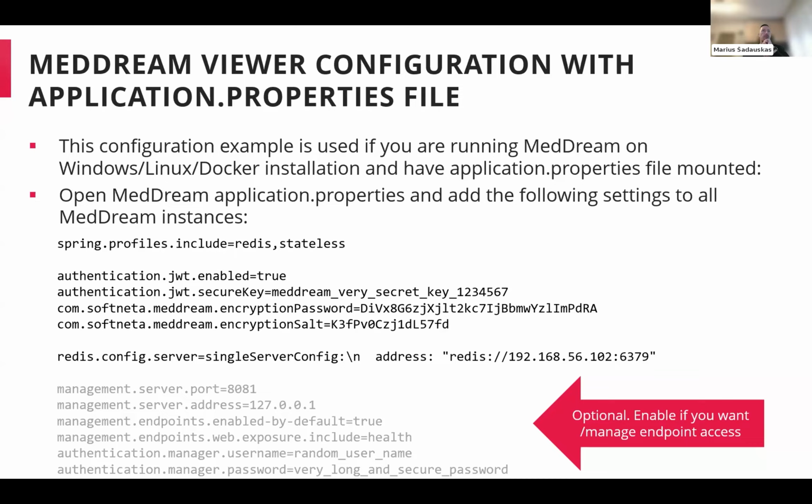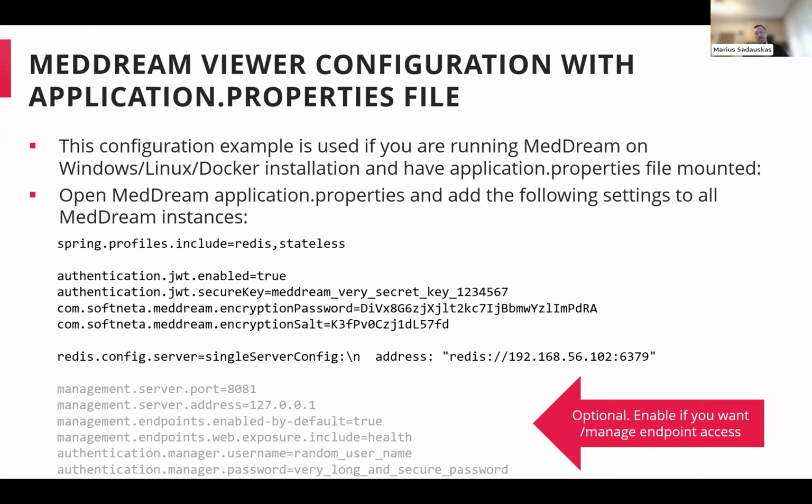The first example is if you are using MedDream installed on your Windows or Linux, or even a Docker installation, but you have the application properties mounted. So all your settings are stored in the application properties files, and you do not use environment variables.